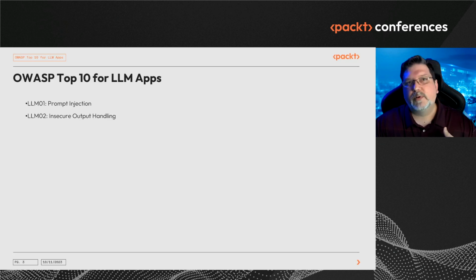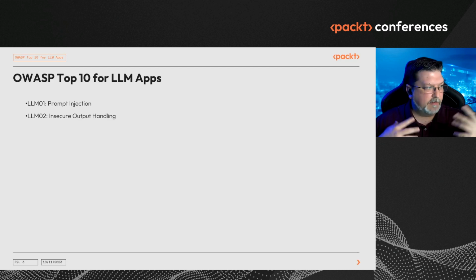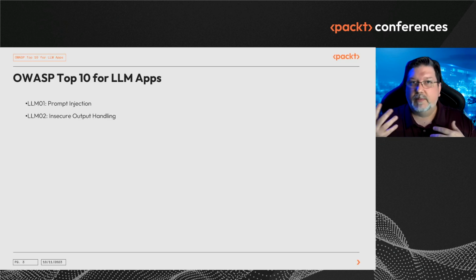Insecure output handling is essentially certain attack vectors using creative prompting and creative input, where we're using the injection and the model to provide access, in a lot of cases, to something on the user's machine or the server, whether it's an attack on the model itself or, say, a plugin.